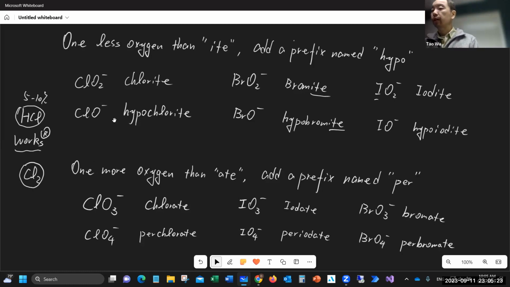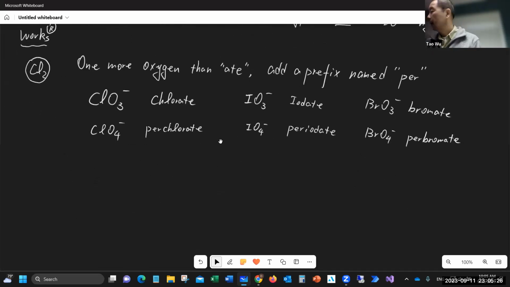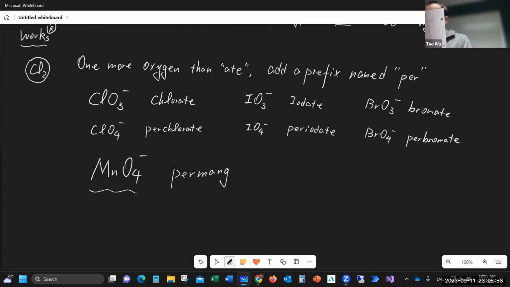So generally this is a rule. If you look at your common ion sheet, on the first page, there's one more, MnO4 minus. What is the name? It's called permanganate.